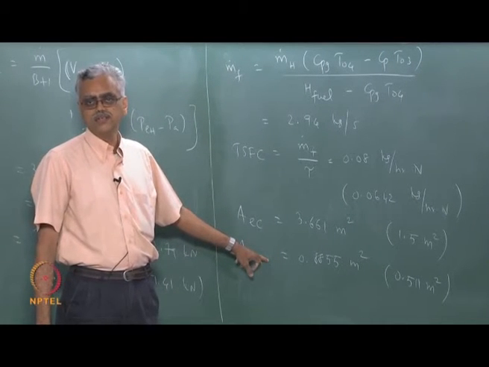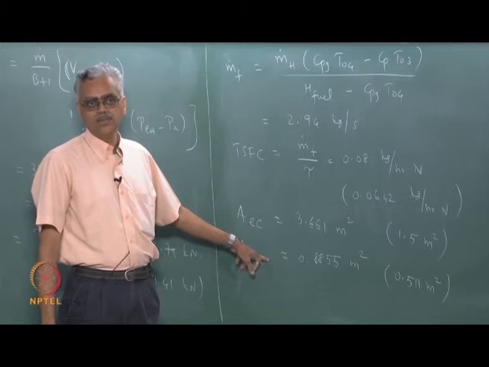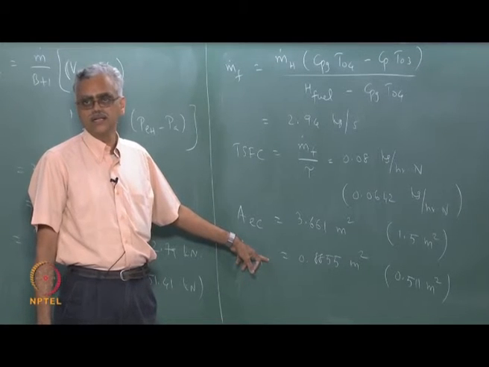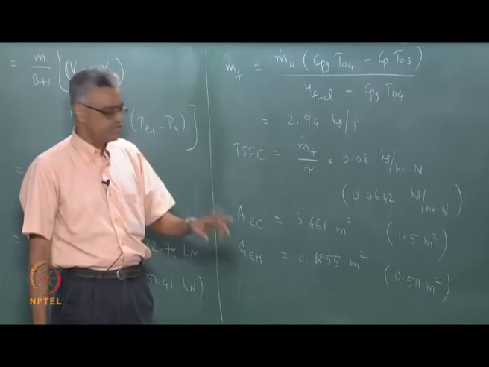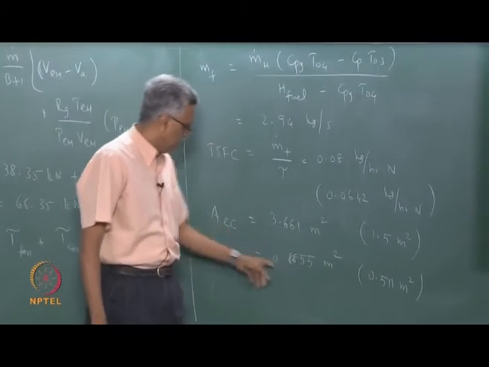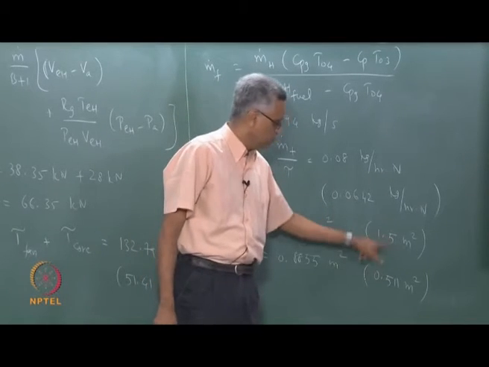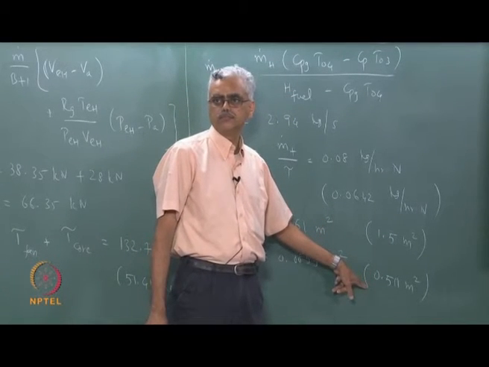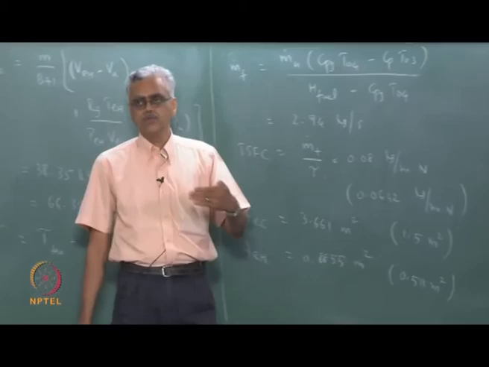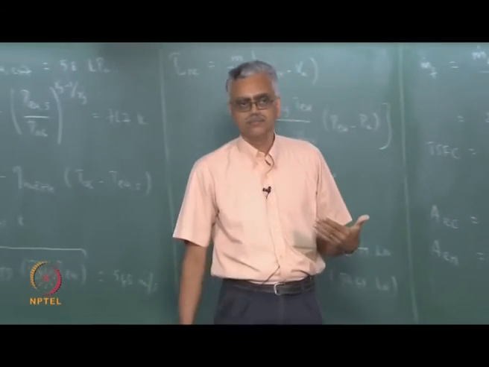But remember, this is a turbofan engine with fixed nozzle. It does not have adjustable area nozzles, which means that I need to redo my mass flow rate so that the nozzle area will come out to be the same.